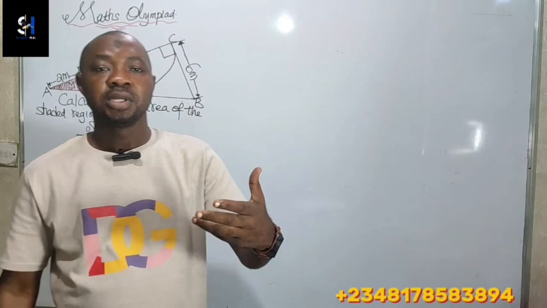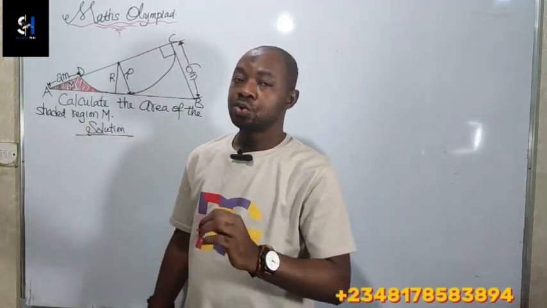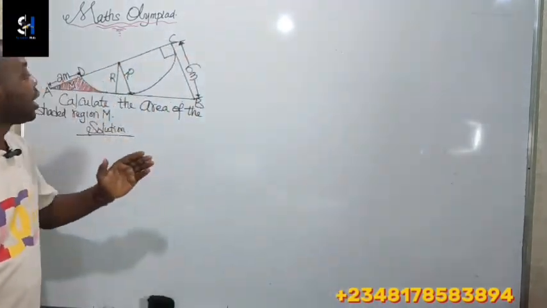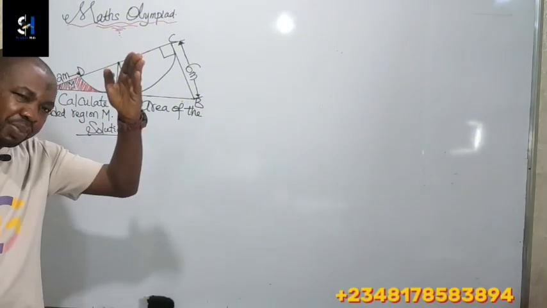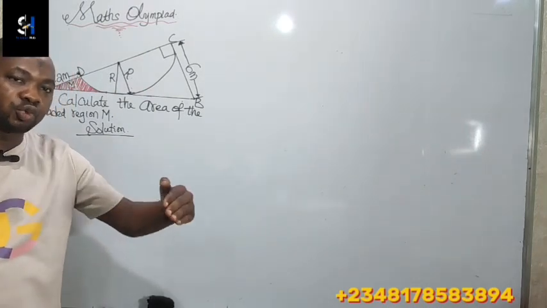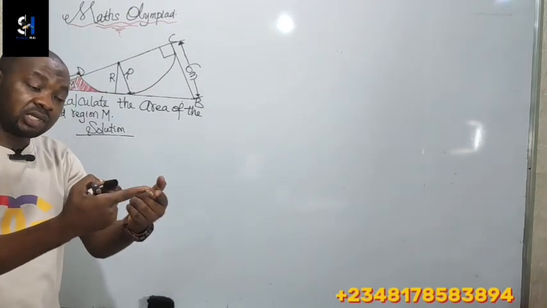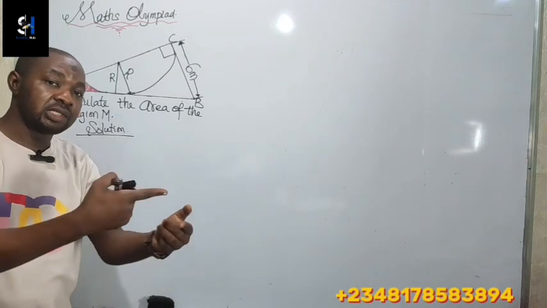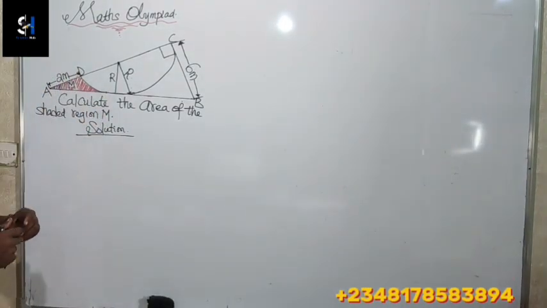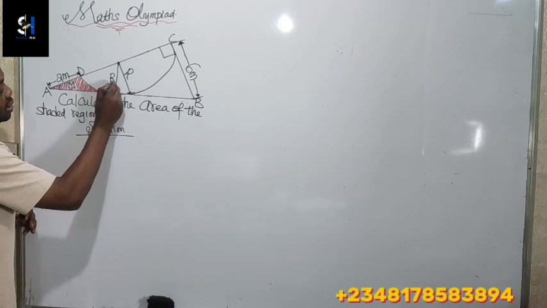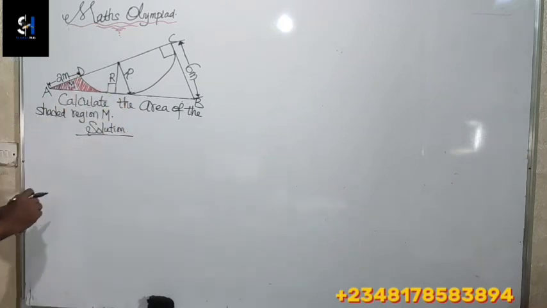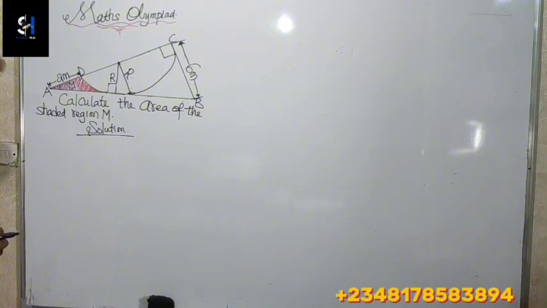It is one of the circle theorems that the radius makes an angle of 90 degrees with the tangent. So in this case, we now have another right triangle.